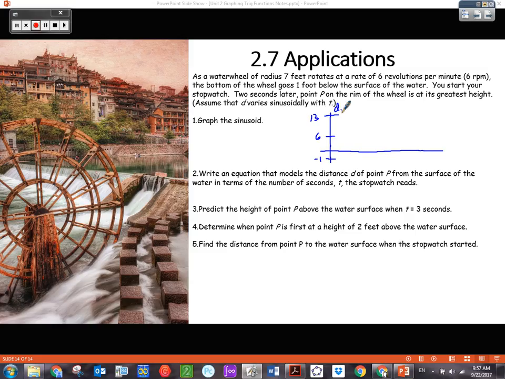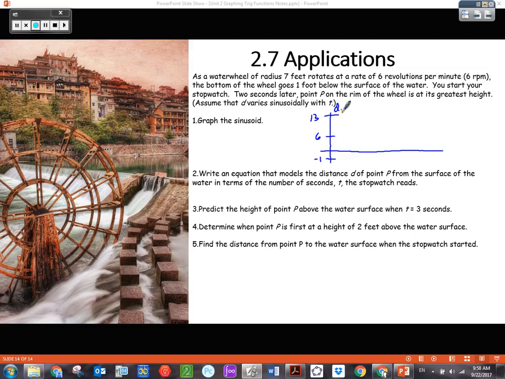All right, so now let's take a look at time. It says we're doing 6 revolutions per minute. Well, we really want 1 cycle, right? We don't want 6 cycles. 6 revolutions would be 6 cycles. So instead of per minute, I'm going to use seconds.